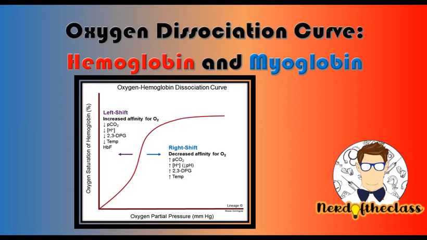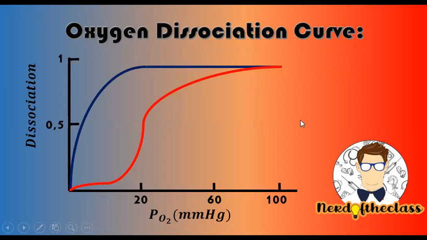What is the dissociation curve? Well, the dissociation curve is a curve that you use to understand how many molecules of hemoglobin or myoglobin you need, at a certain partial pressure of oxygen, to have a certain dissociation.